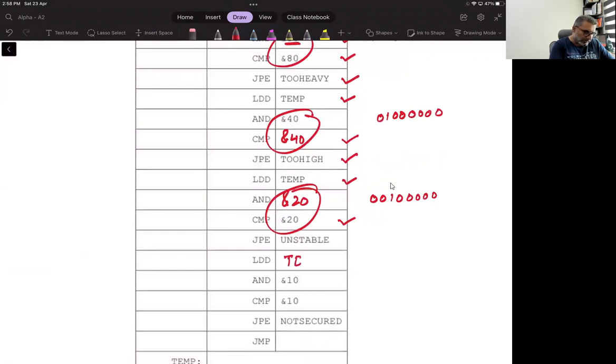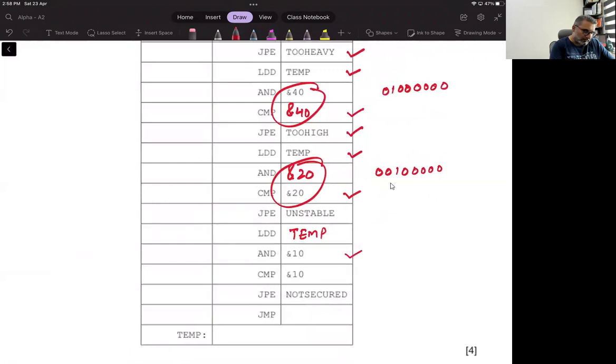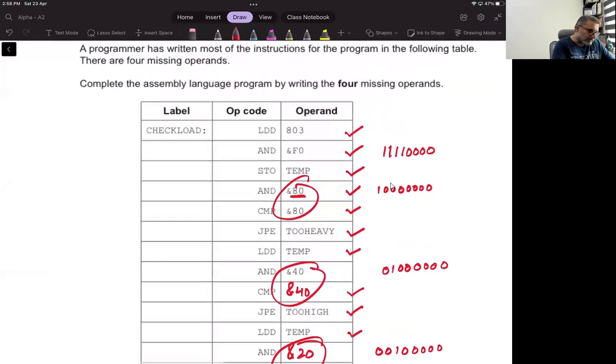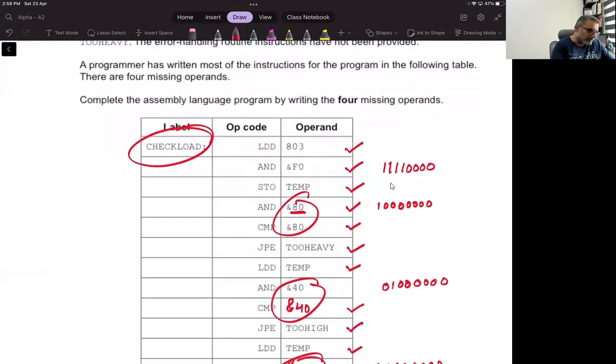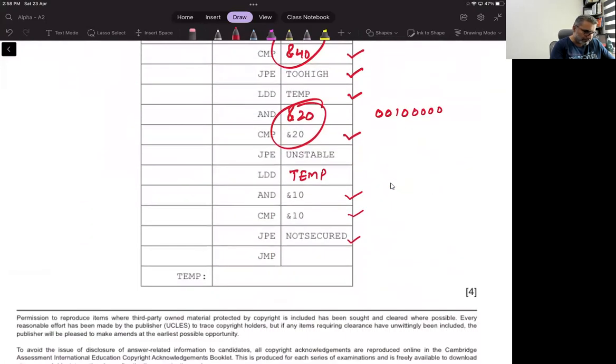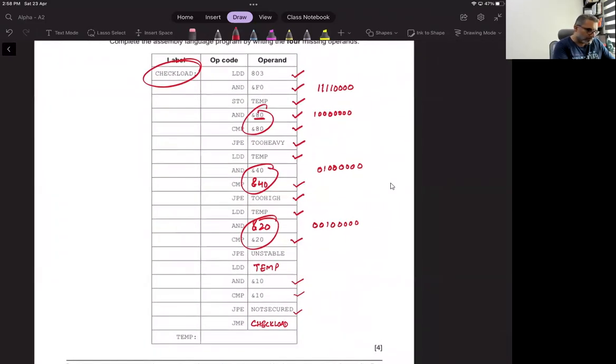Then again load temp, AND with 10, compare with 10. Jump if equal to not secure, and then since it is going on continuously, we make it jump back to check load. All right, so this has jumped back to check load.